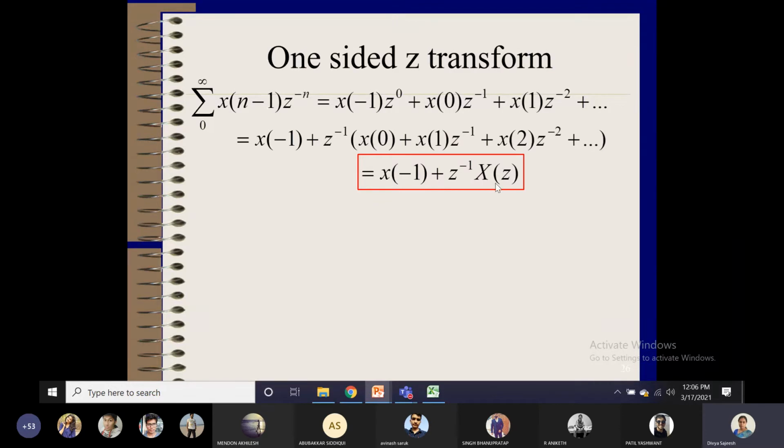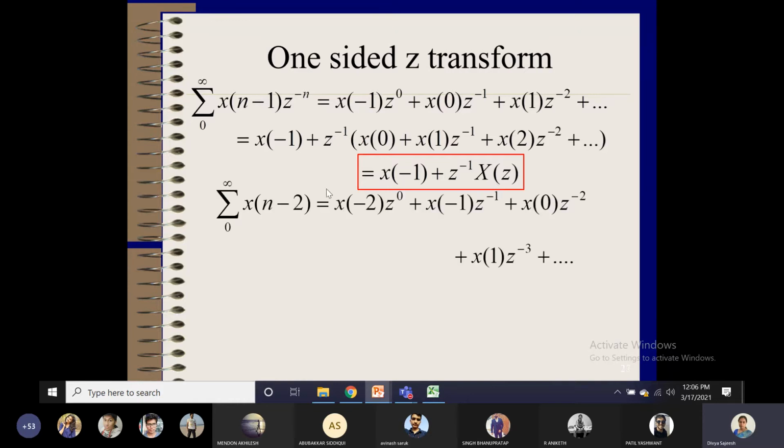Similarly, let us do it for the signal shifted by 2 units, x of n minus 2. For n minus 2, the first term will be for n equal to 0, so it will be x of minus 2, z raised to 0. The next term will be x of minus 1, z raised to minus 1. The next term is x of 0, z raised to minus 2. Then x of 1, it will continue. Now, from where will I take common?